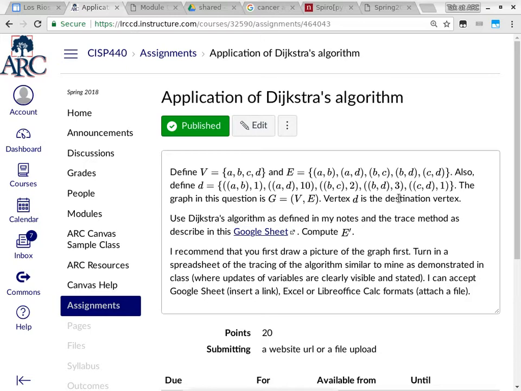This one can handle multiple destination vertices and it finds the shortest path from every single vertex to a destination, the one that's closest to every vertex. So from that perspective, this algorithm is slightly more general because it can find the shortest path between all vertices.